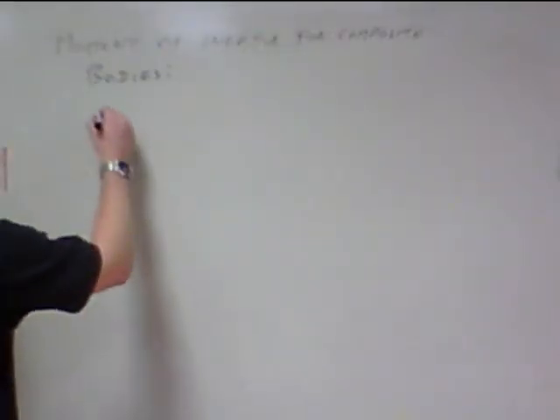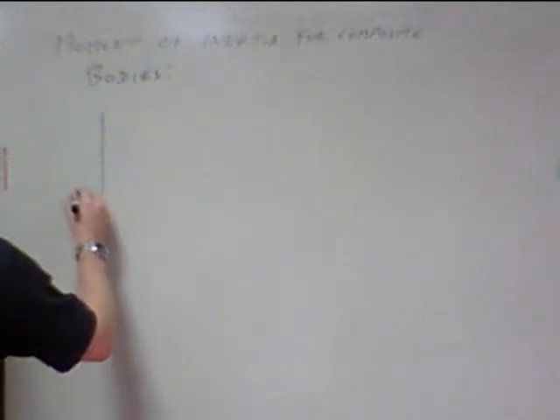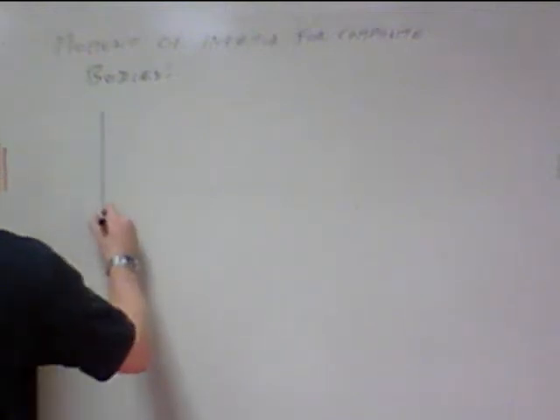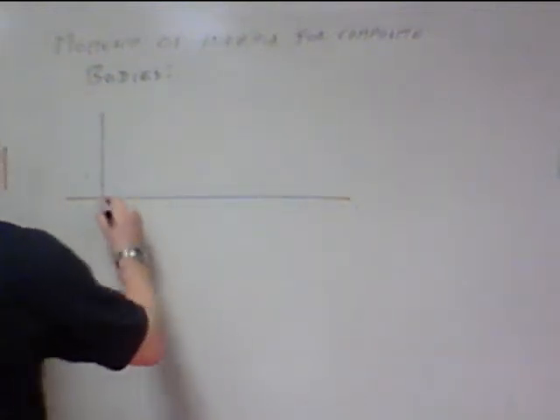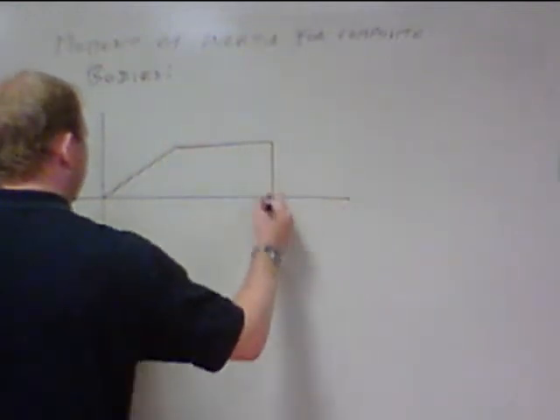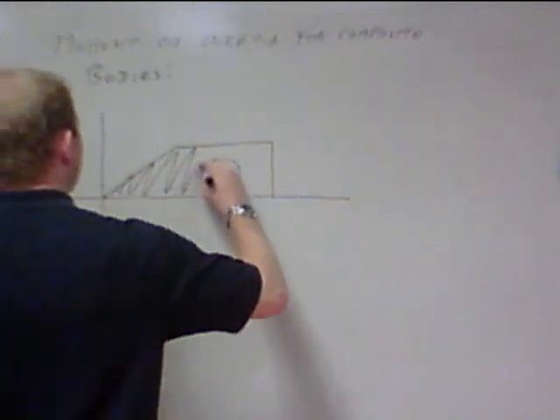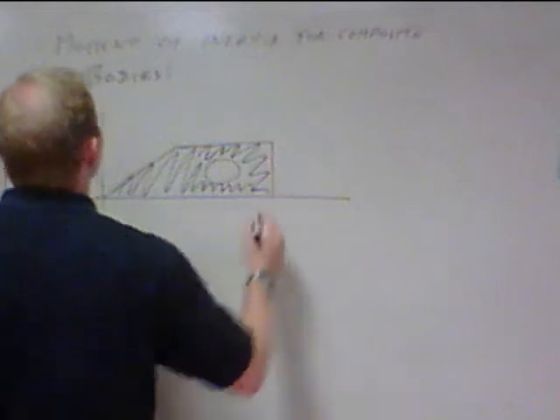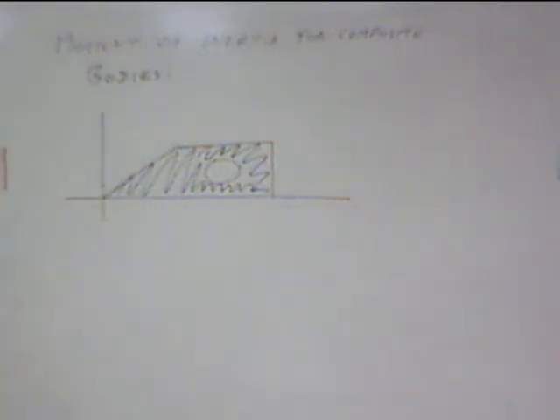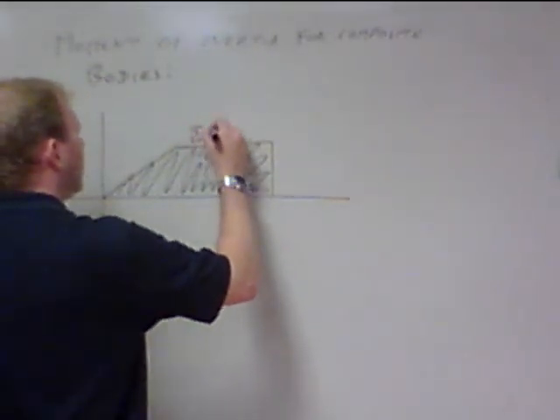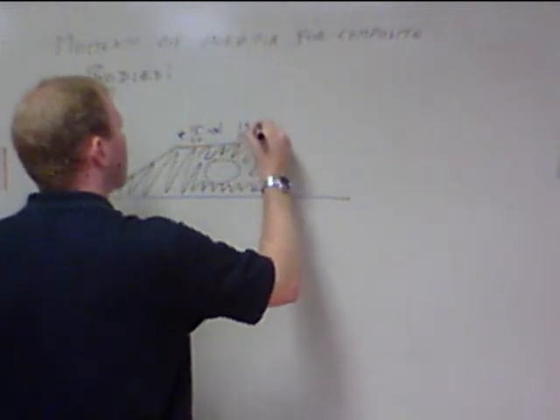So if I were to take a relatively straightforward example here, if I have x and y axes, which should be straight in theory, and I have a shape that looks like this, and there is a hole missing, so our object looks like this. All right, dimensions: 15 centimeters here, 15 centimeters here.